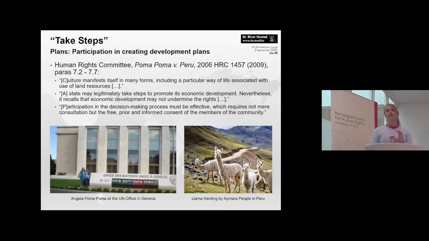Now, I would say that this is not a settled area of law about whether or not there has to be consent and whether or not there's an ability of a minority group to veto an economic plan. It's a gray area of law.